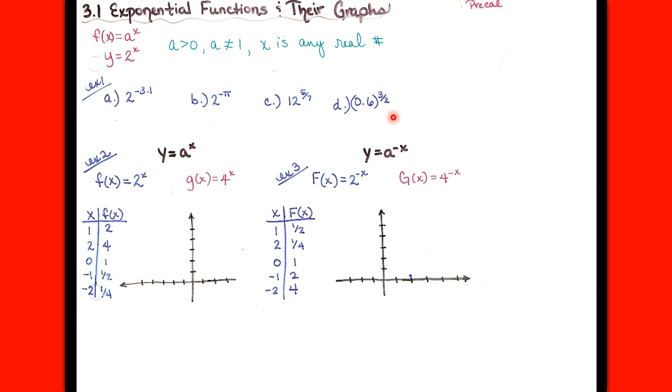So if you have 2 to the negative 3.1, what are you getting for that? 0.117. Perfect. All right, how about 2 to the negative pi? What did you get for that? 0.113. All right, 12 to the 5/7.